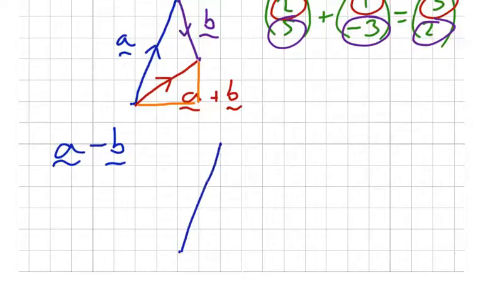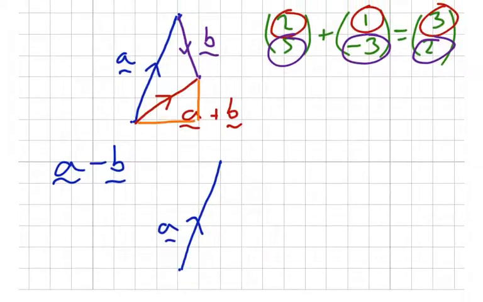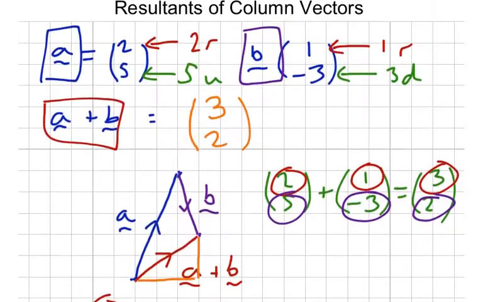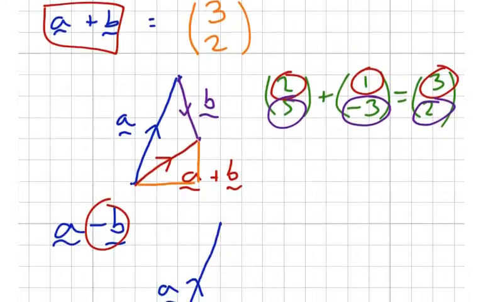That would be A. B would then go from the end of that, but we're doing minus B. And minus B, if we look at what B was again, B was (1, -3).